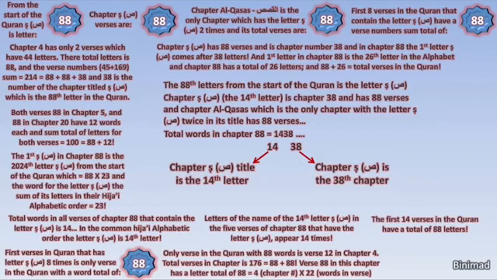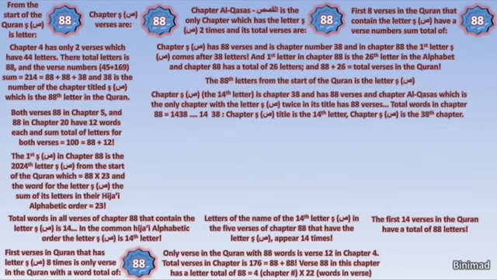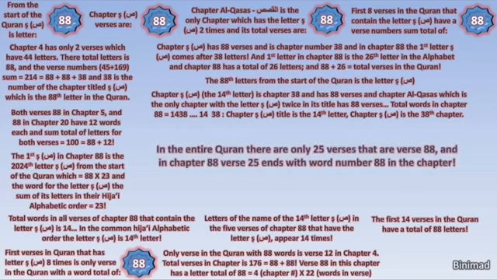To say there is much more is an understatement, but as a bonus I'll add just one more point. In the entire Qur'an, there are only 25 verses that are the number 88 in their chapter, and in chapter 88, verse 25 ends with the word number 88, counting from the start of the chapter.